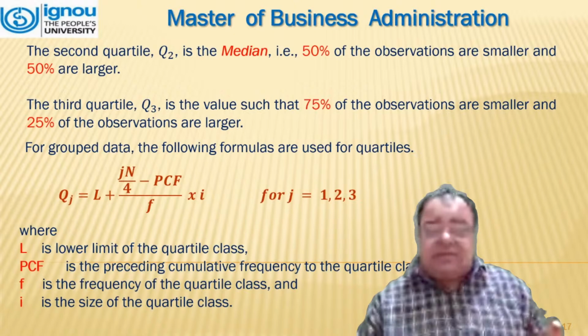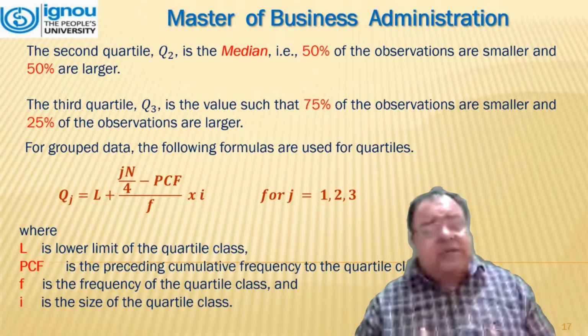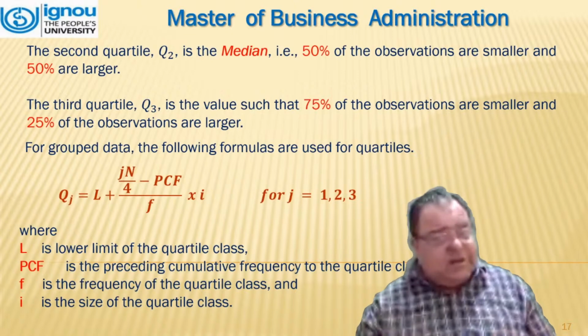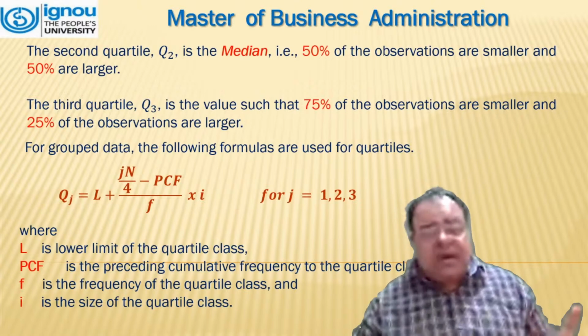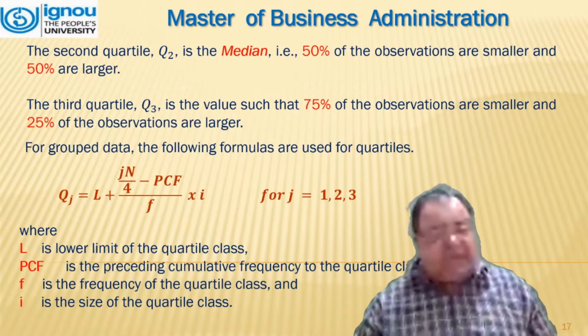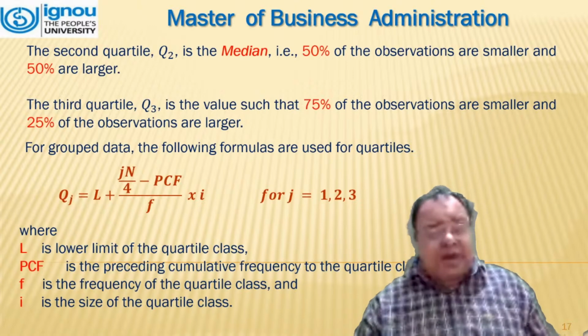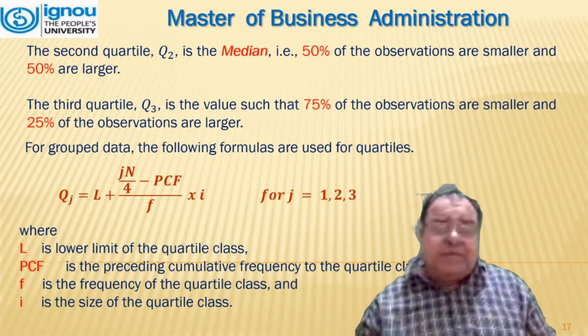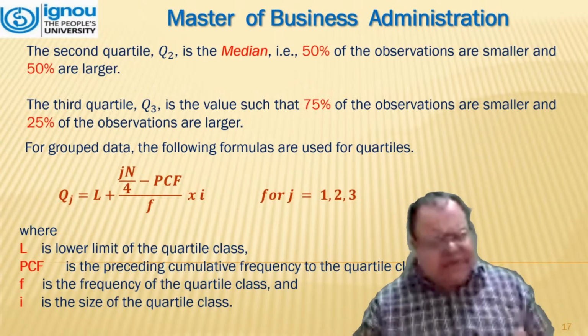Second is Q2, also known as the median, which means 50% of the observations are smaller and 50% are larger. The third is quartile 3, which gives the value such that 75% of the observations are smaller and 25% are larger.